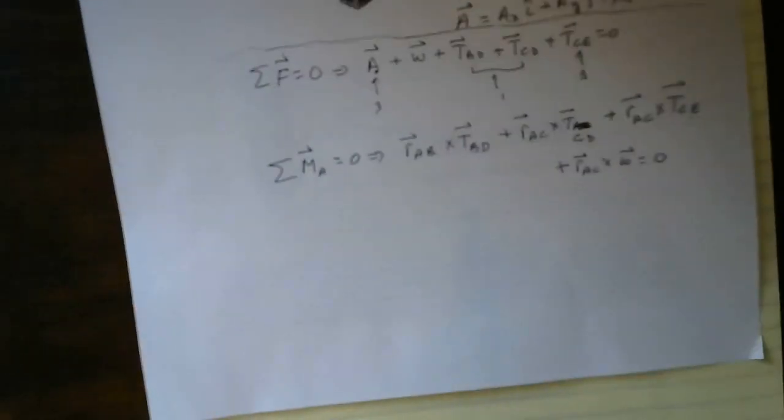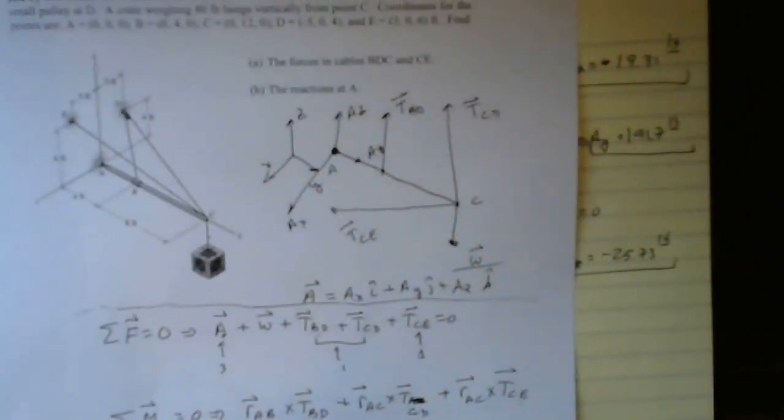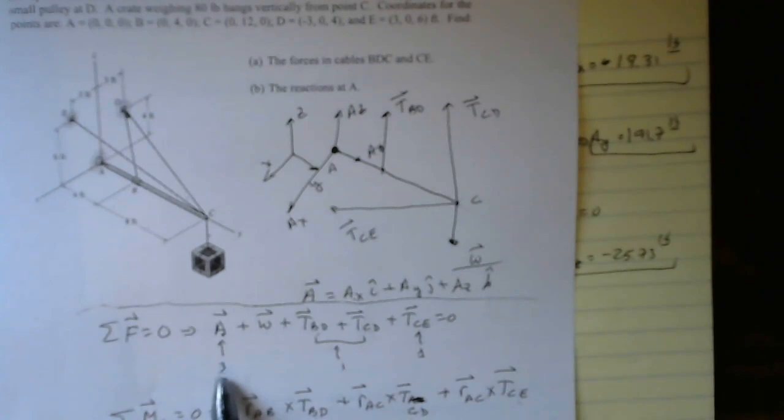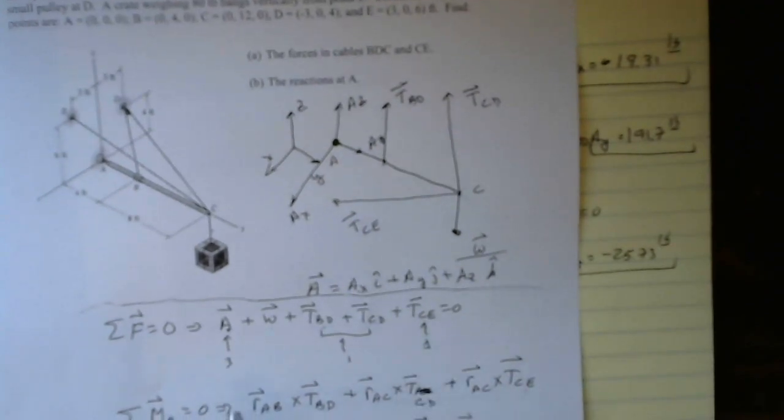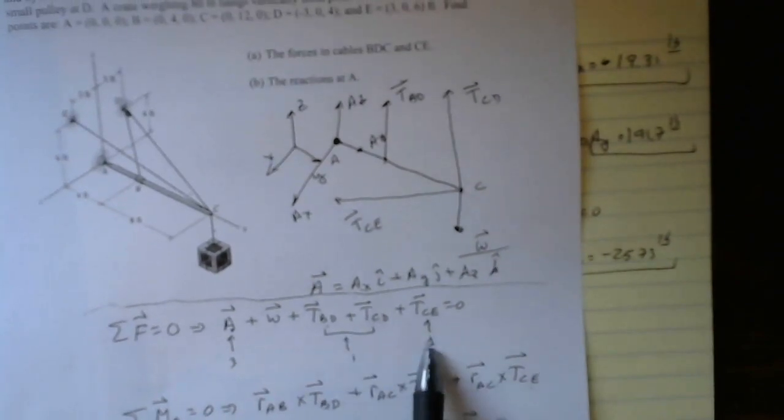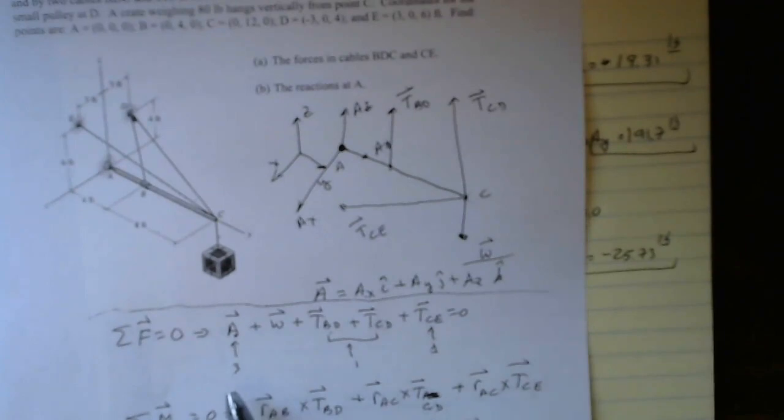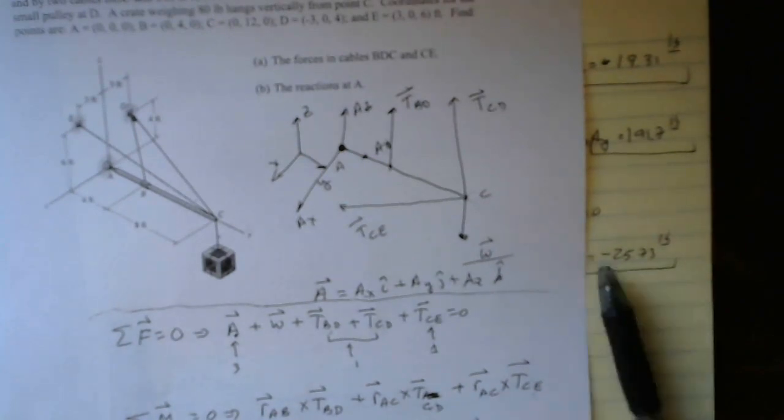And then once I have the magnitude of TBCD, I can jump to the force equation and get the other unknowns, because I already know what TCE is, of course. I know the magnitude of TBCD, and I know the magnitude of TCE from the solution of the moment equation. Then I have three equations, three unknowns, and I get AX, AY, and AZ. Problem solved.